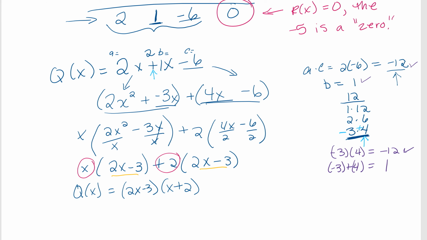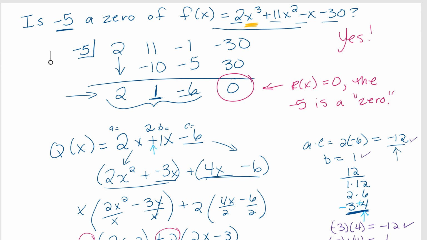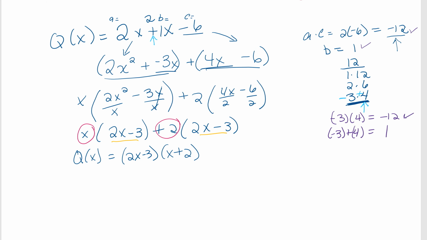So what if I said, hey, I want you to take this original function that I gave you, this expression right here, and I really need you to write it all the way out in factored form, completely factored form. So what does that mean? Well, I know that the function itself has a quotient, and I know that the quotient is factored like this.